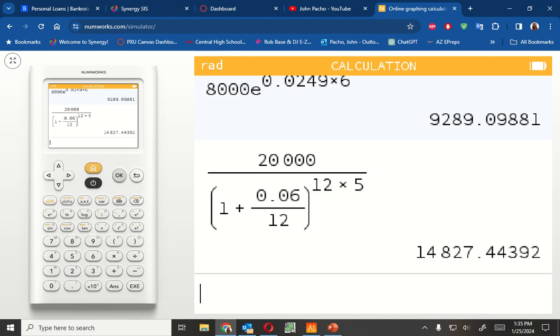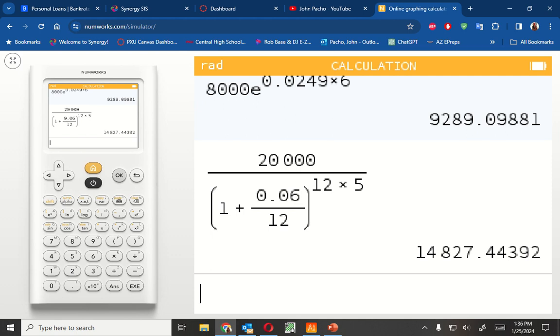So what this means is I need to deposit $14,827.44 in my account right now so that in 5 years my account will have how much? $20,000. So that's what an investment does, is makes money for you.